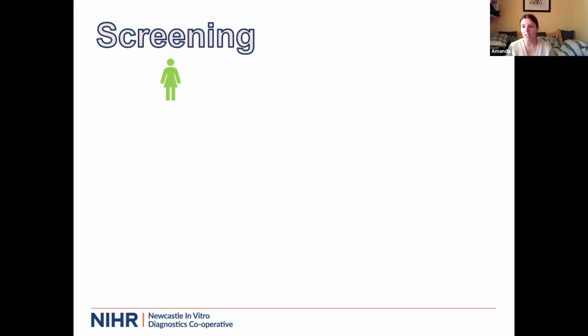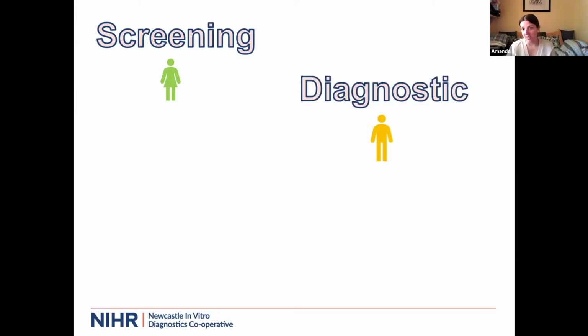An example of this type of test would be things like the bowel cancer screening program, or cervical cancer screening programs, which are aimed at people who don't have any signs or symptoms of these conditions, but are a nationalised program.